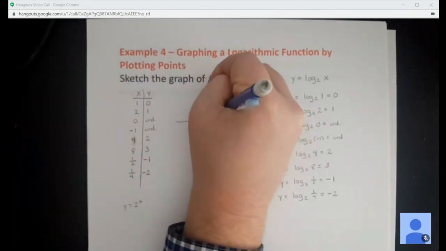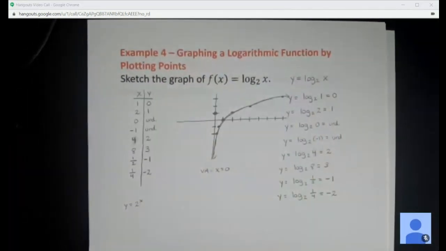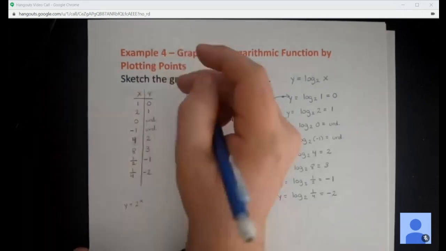So 0, 1, that point right there, J-shaped curve, and we're going to have an asymptote where? Good, 0, specifically y equals 0, because it's going to be a horizontal asymptote this time, right?